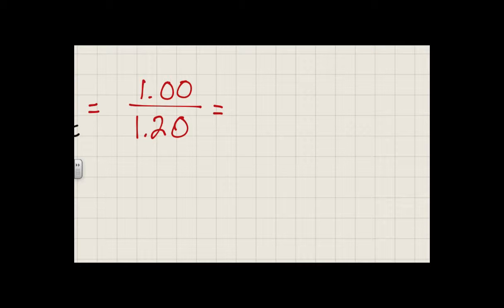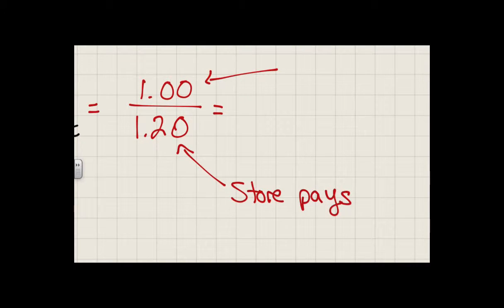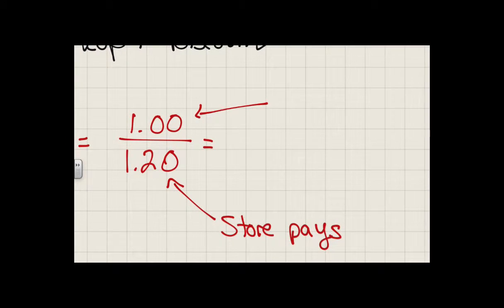So let me even label this because I think that might be beneficial here. This is what the store pays for an item. This is how much more they charge.